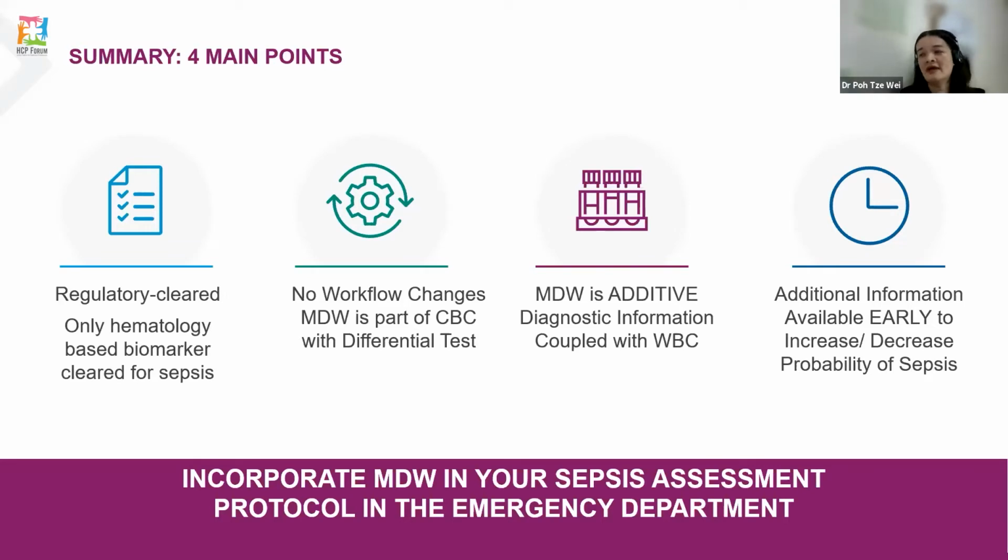And I've shown you that MDW can provide additive diagnostic information coupled with WBC. Generally, we see that if the WBC is abnormal, having an abnormal MDW does increase the probability of sepsis by about threefold if the patient is presenting with 0 or 1 SIRS criteria, or having a 0 to 1 qSOFA score.